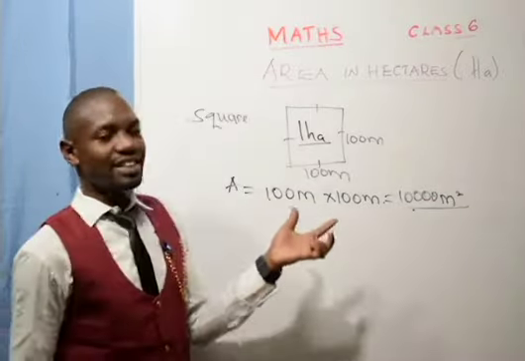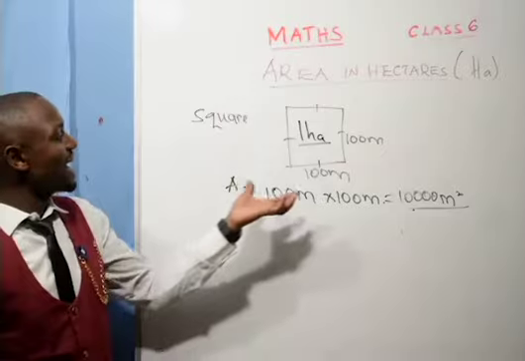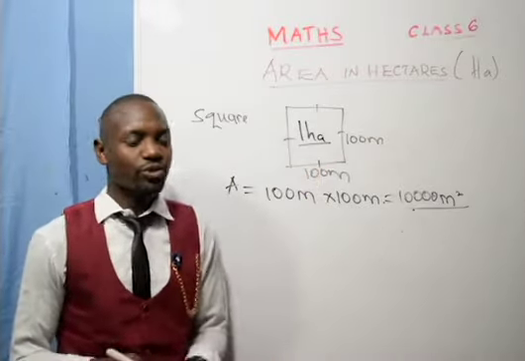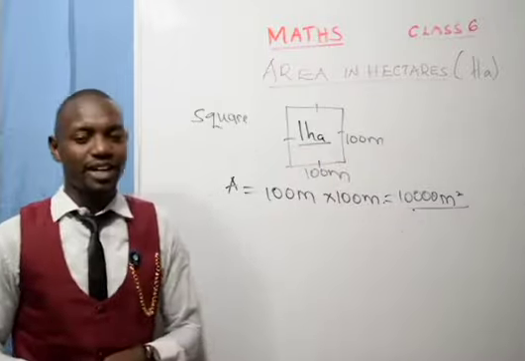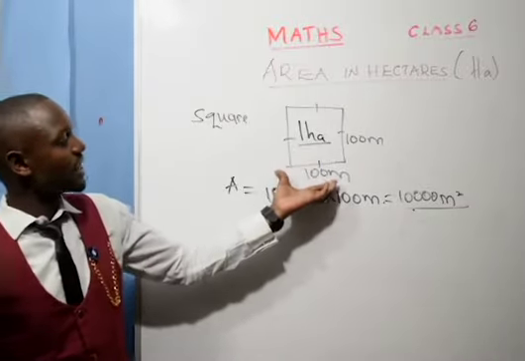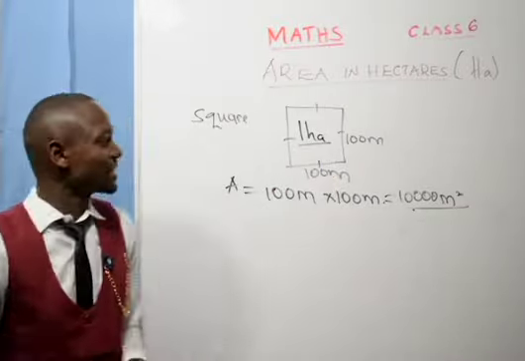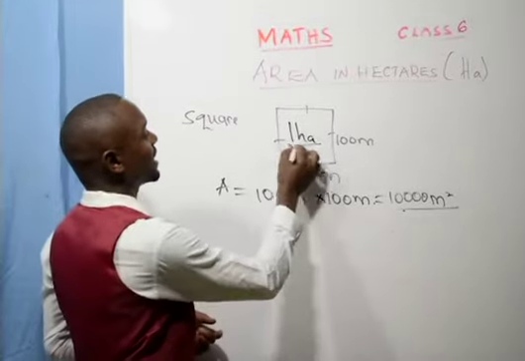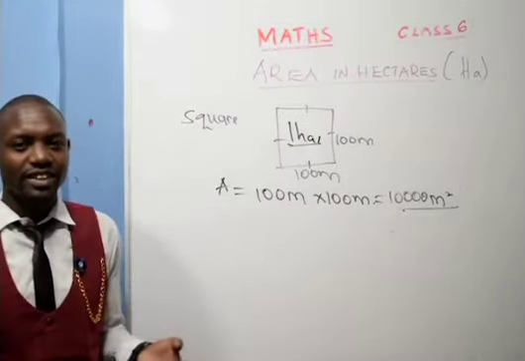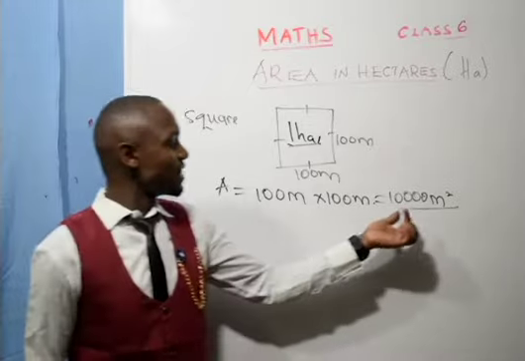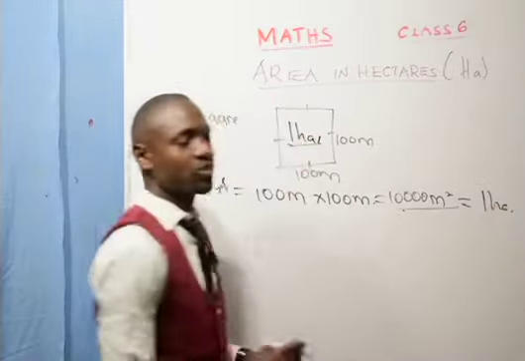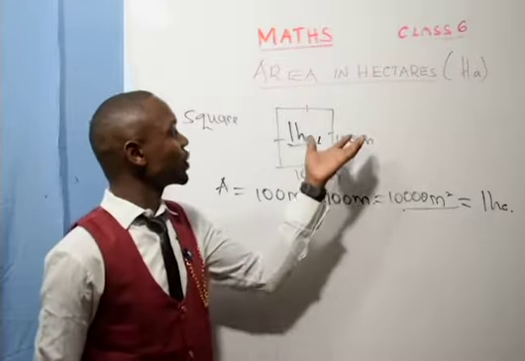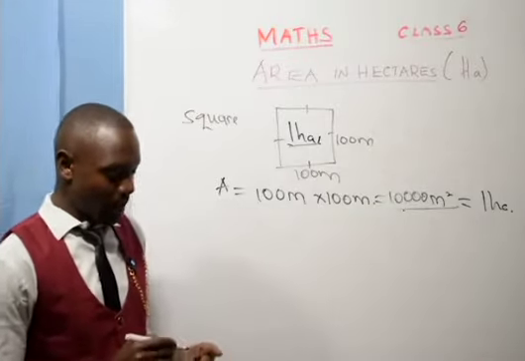A square piece of land that measures 100 meters by 100 meters has an area of 1 hectare. That means that 10,000 square meters is equal to 1 hectare. That is the relationship between hectares and square meters.